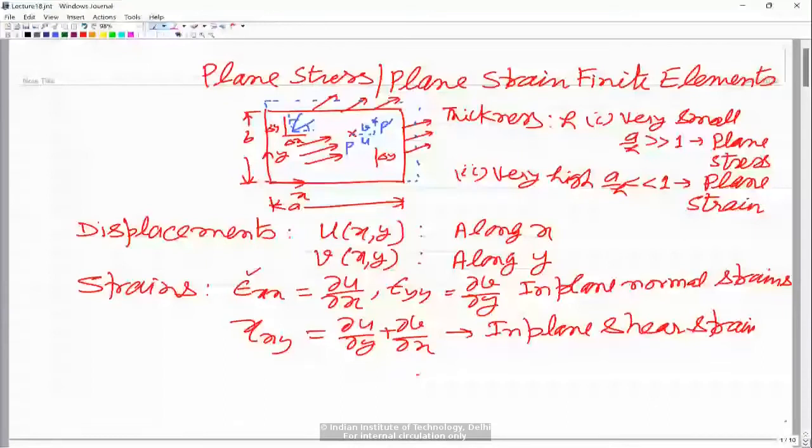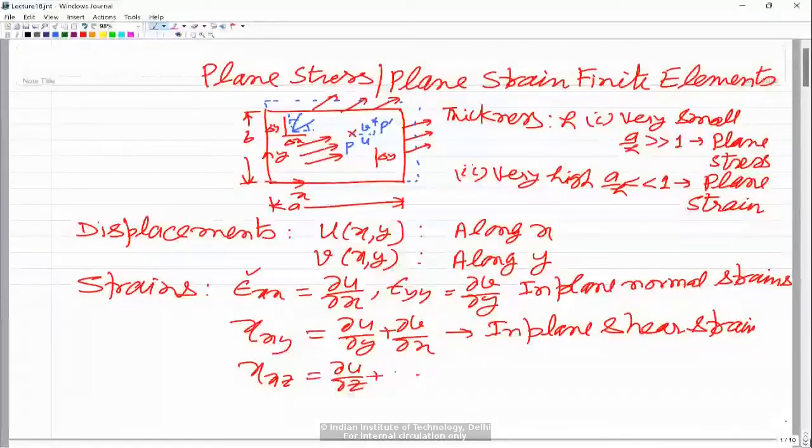And then, as I said, the transverse shear strains are zero. Gamma xz by definition is del u by del z plus del w by del x. In this case, we have said that u is only a function of x and y, so it is independent of z, so this is zero, and there is no displacement along the z direction, so w is zero. Therefore, this whole thing is zero.